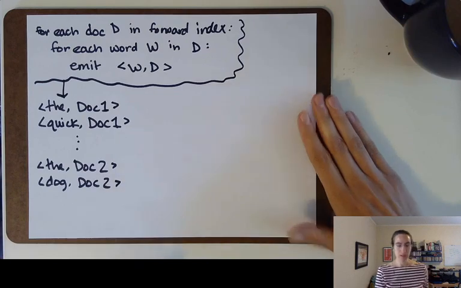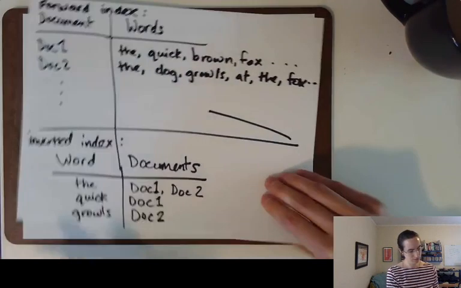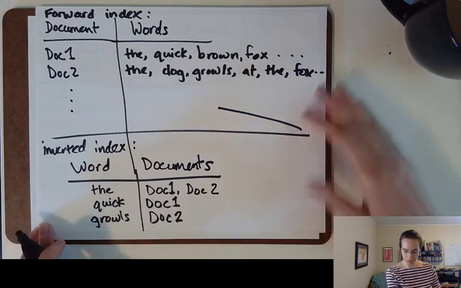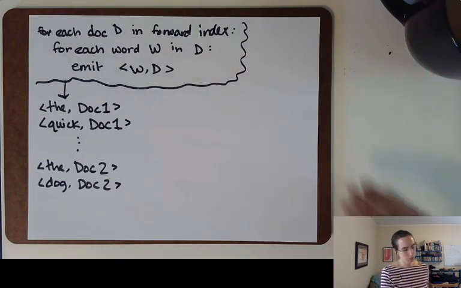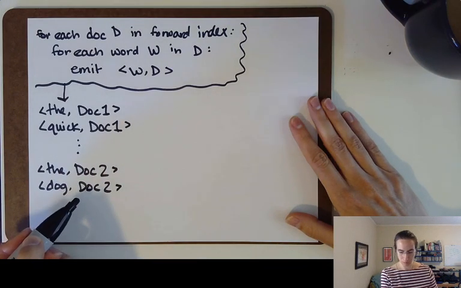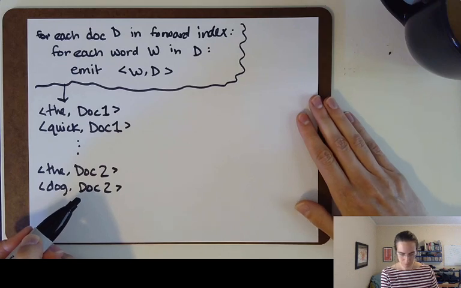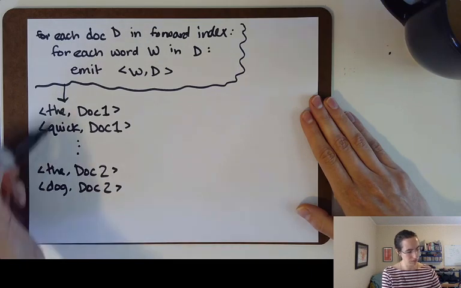Right? And then what do we do? Well, what you want is something that looks like this, right? So you have to figure out how to combine those pairs to get something that looks like that. So what you want to do is combine the documents in a list for every unique word. So you've got this list of key value pairs, right, with some repeated keys. Some of the words are repeated.